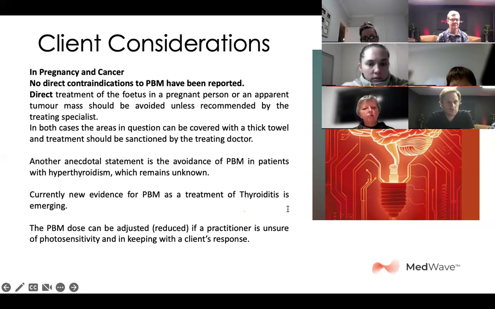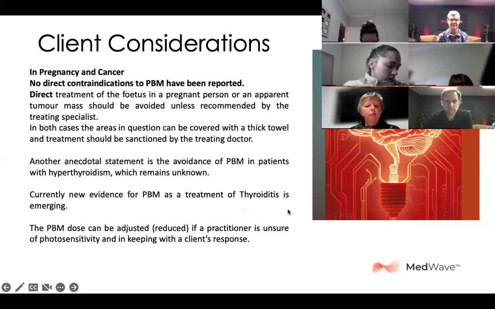And then thyroid is also a question that comes up. There was a lot of deliberation about it, but new evidence is coming out that photobiomodulation can actually enhance and support thyroid function. So what we say is that someone should be monitored of sessions.